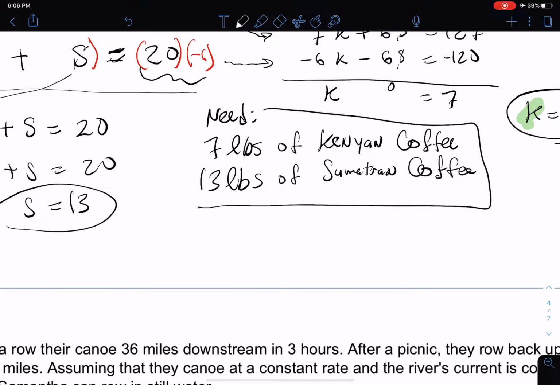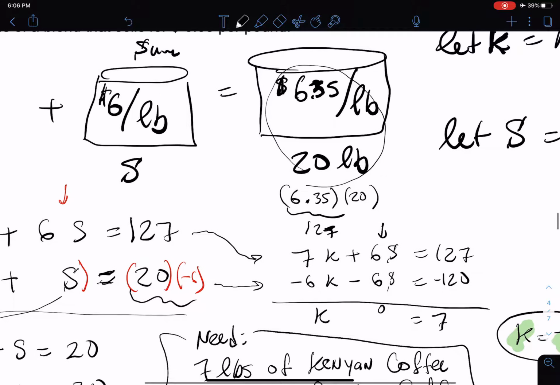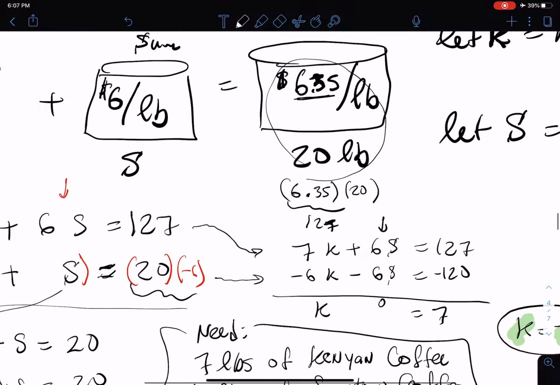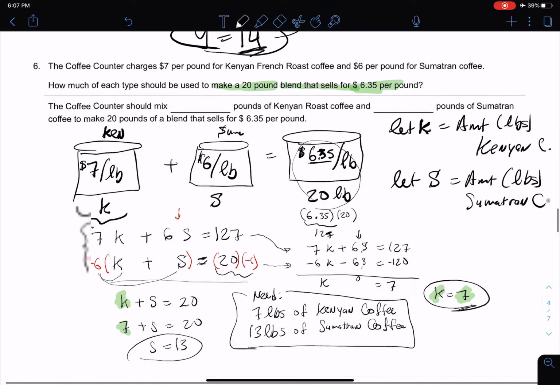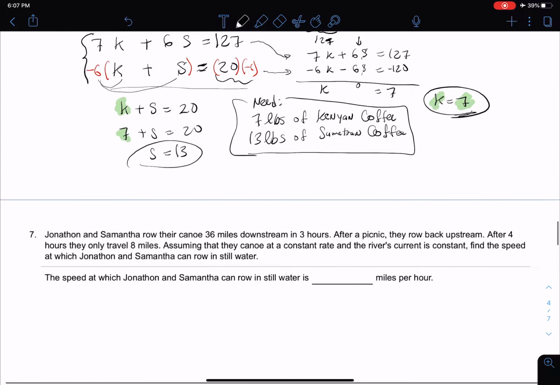That'll give us a new blend that has a total of 20 pounds that has a price of $6.35. All right, so now we've done the mixture problem with coffee twice. Hopefully that's starting to come together a little bit.